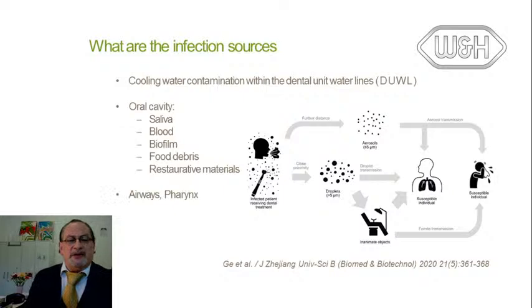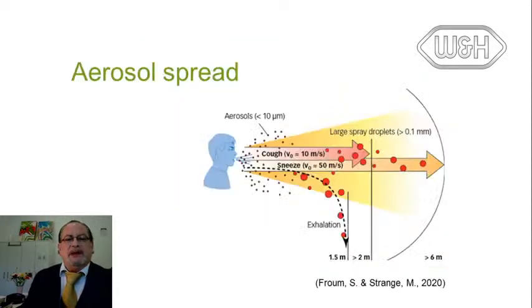And there are, of course, the upper and the lower airways that generate the aerosol leaving the patient's mouth. It leaves the mouth while we are breathing, and when we are normally breathing, we can see that the aerosol is spread up to a distance of 1.5 meters, and this is the reason why we are asked to keep a distance of at least 1.5 meters in public places and also in the working field.